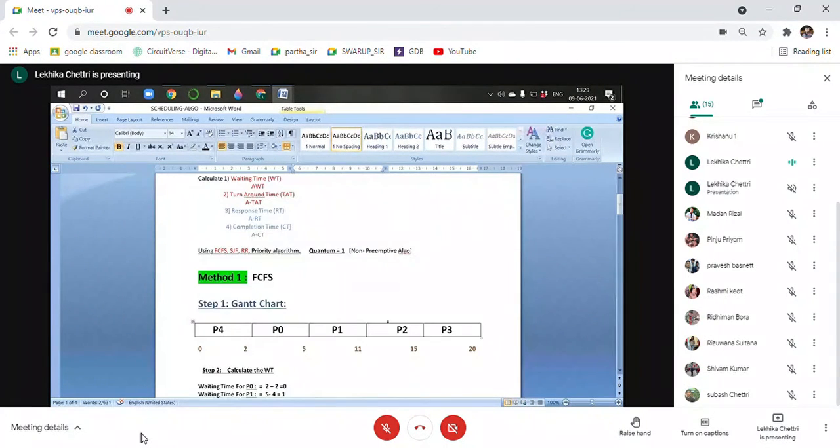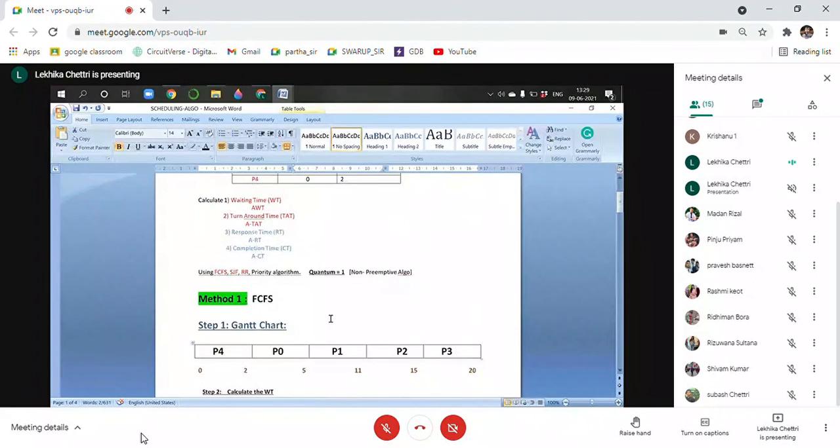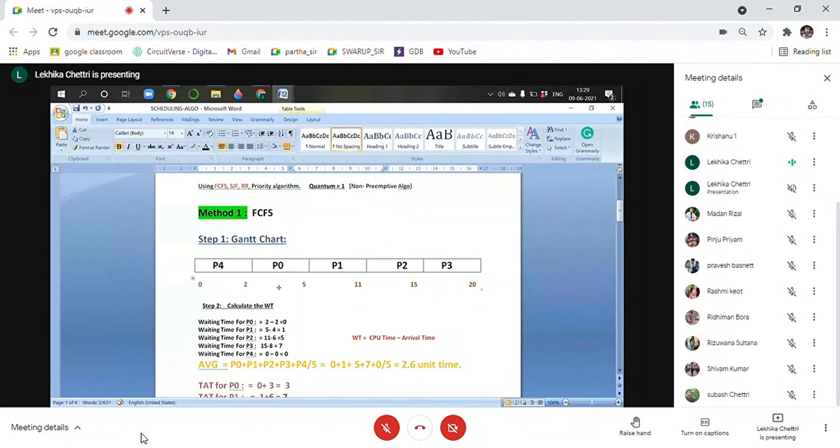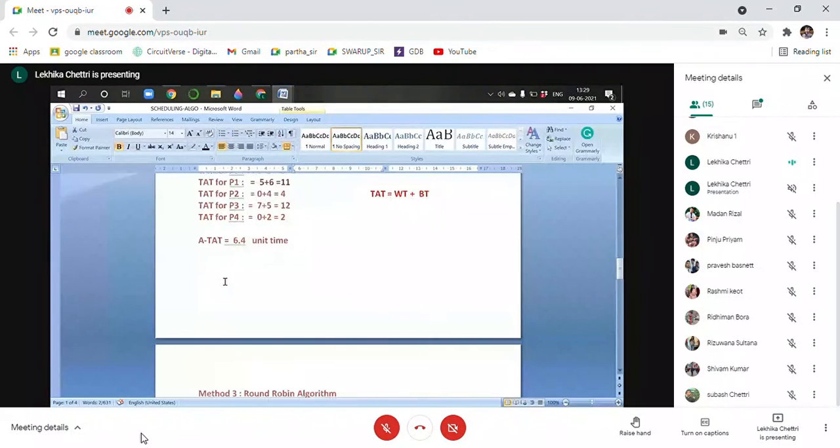So what you will have to do basically is run all the algorithms. It will be for 15 marks. You will calculate waiting time and turnaround time for all the algorithms.